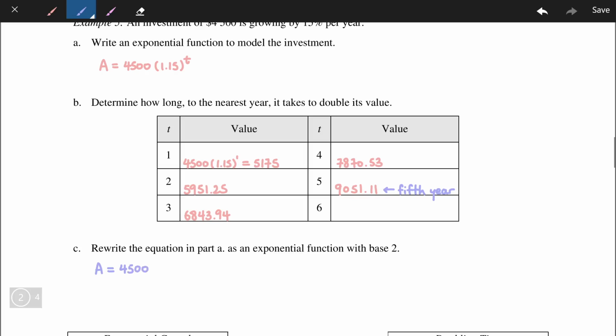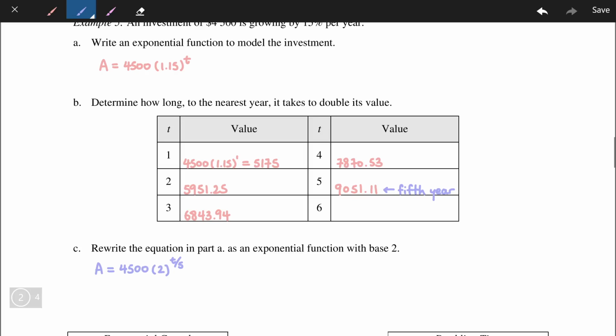We want to write the exponential function with a base of 2, so base 2 right here. And we know that the doubling time is close to 5 years, so we're going to have n over 5, or actually t over 5, because this is in time, of course.